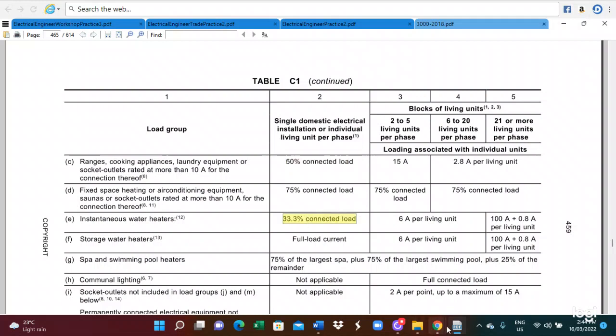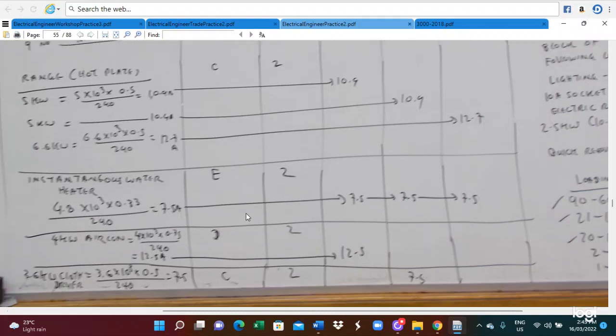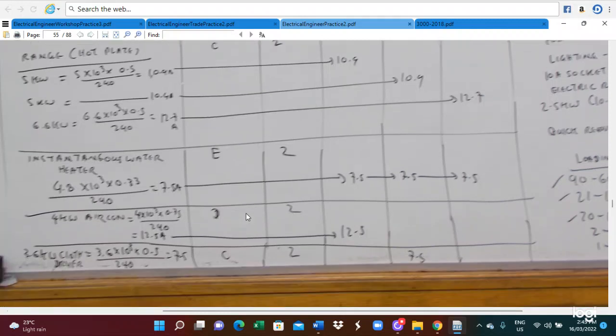This is the rule, so we substitute here. For the 4.8 kilowatt, 4.8 multiplied by 10 power 3, multiplied by 0.33, divided by 240, you get 7.5 ampere. This is for all of the red phase, white phase, and blue phase, so we substitute the 7.5 ampere.